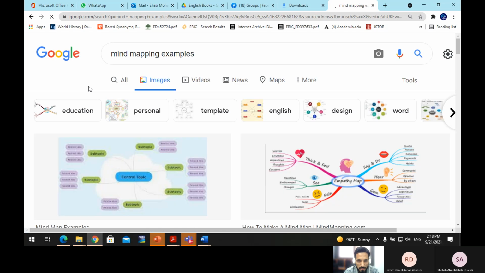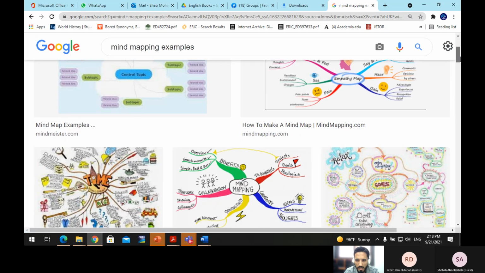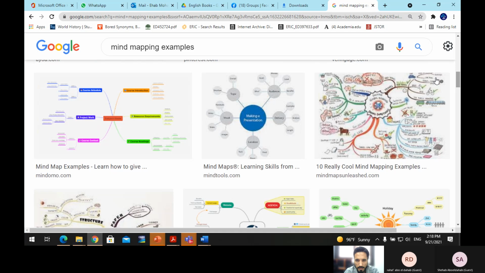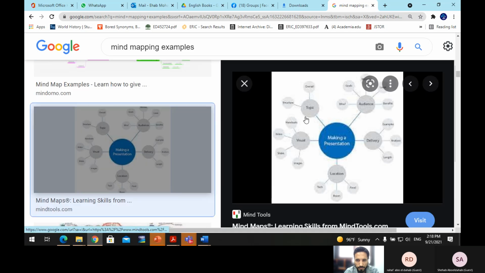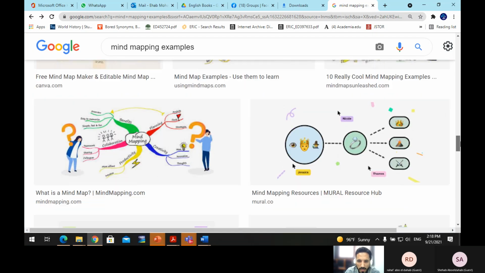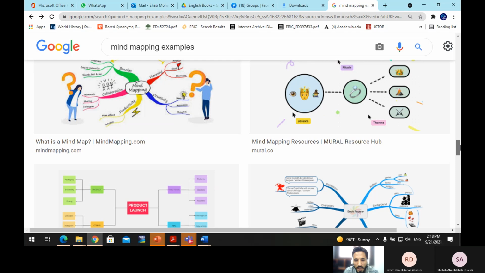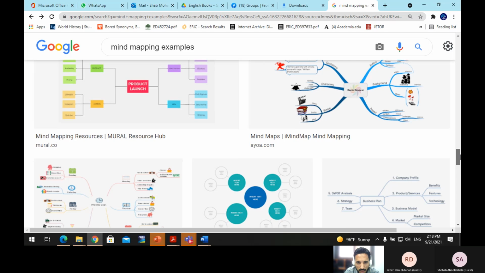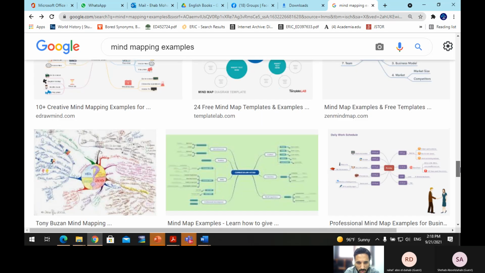If you write mind mapping examples, you will see many examples about that. Can you see now? All of these are mind maps, and this should be done in the pre-writing stage.